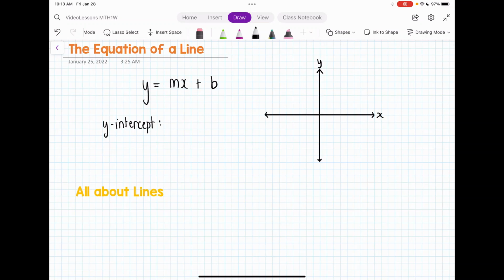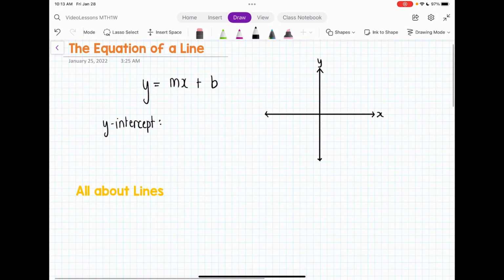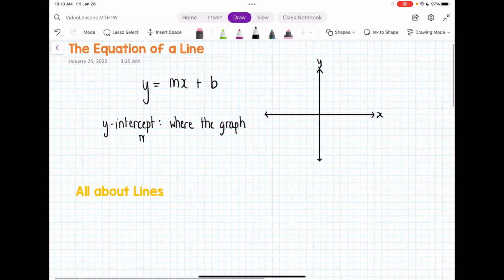So the y-intercept is where, and we're not going to say line only because this definition is true for all kinds of graphs, so we're going to say where the graph meets or intersects the y-axis.